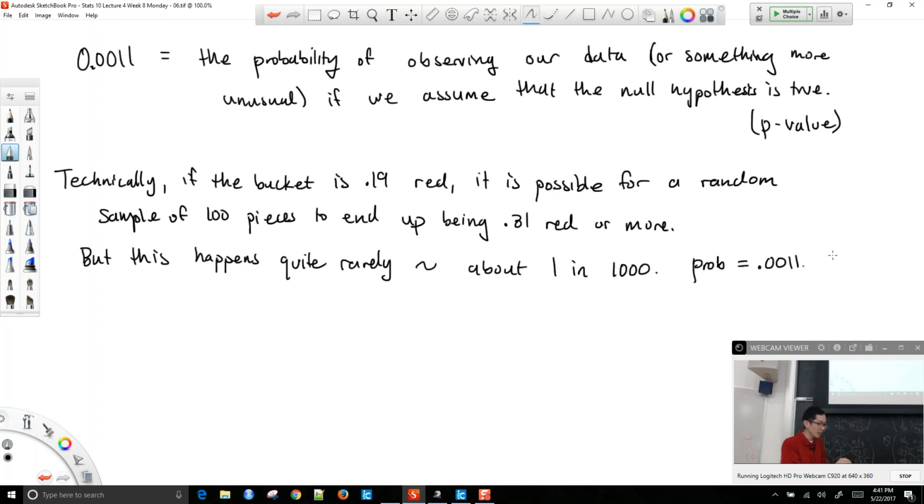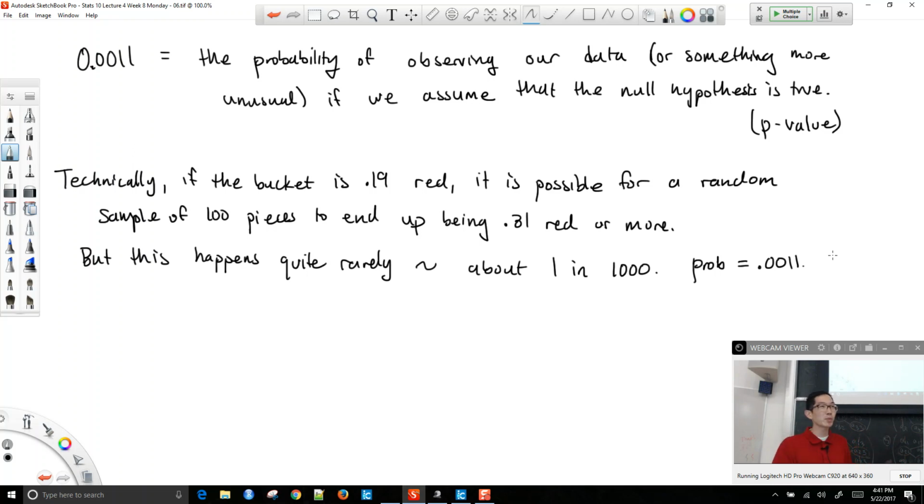Because it's so rare for us to get this, it happens only 1 in 1,000, we're going to say, I don't think my sample was that lucky. Instead, the more likely scenario is that the bucket is not 19% red, and that's why I got 31% red.